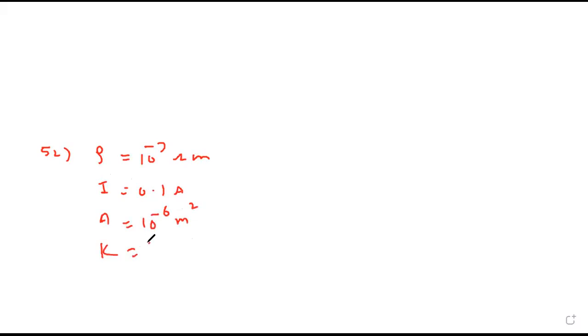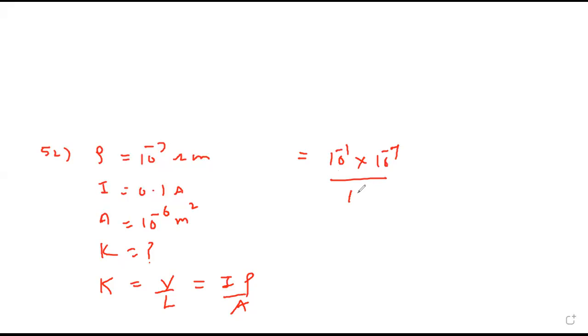What is potential gradient? The potential gradient has two formula, V by L and I rho by area. So I is 0.1, 10 raised to minus 1, rho is 10 raised to minus 7, area 10 raised to minus 6, 10 raised to minus 2 volt per meter. Option A, 10 raised to minus 2 volt per meter.